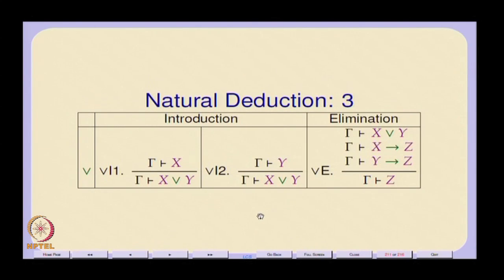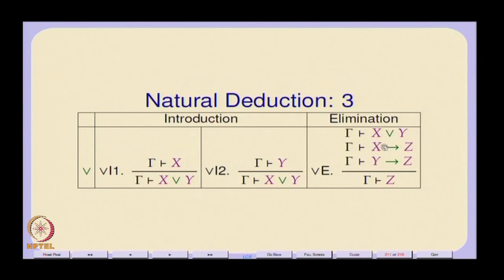And then you have OR introduction and OR elimination. The interesting thing, of course, is that OR introduction is very simple. If you have proved x from gamma, then you can introduce any y, it does not matter. But the elimination is interesting.